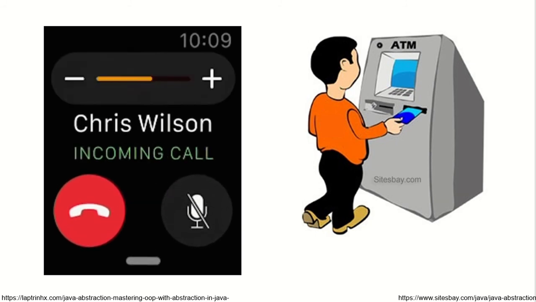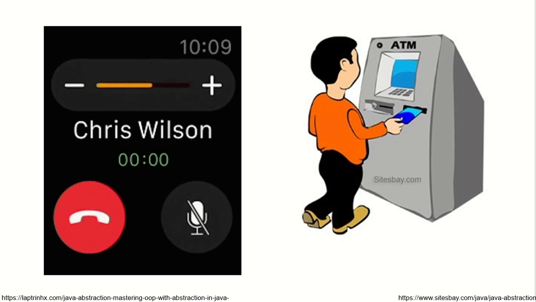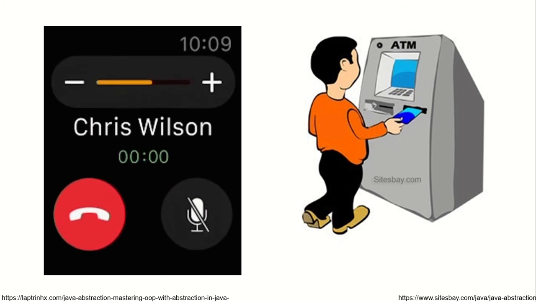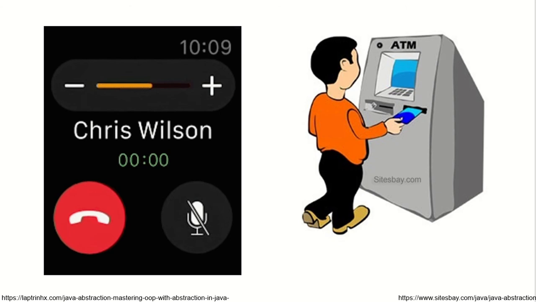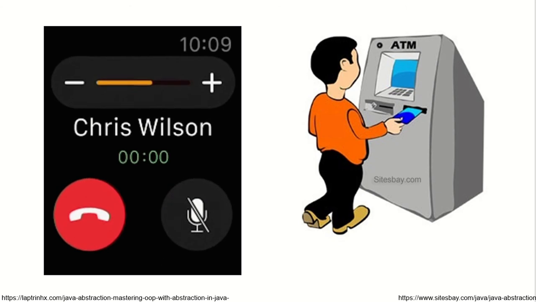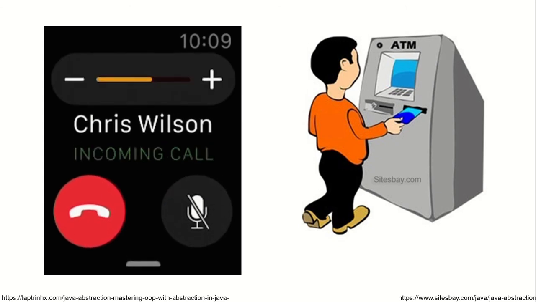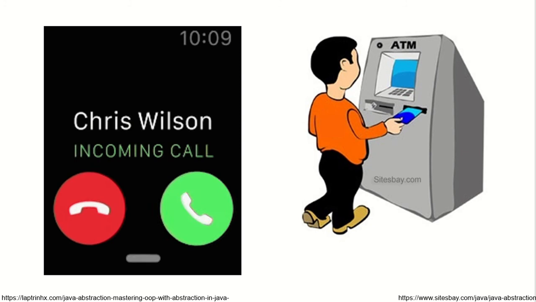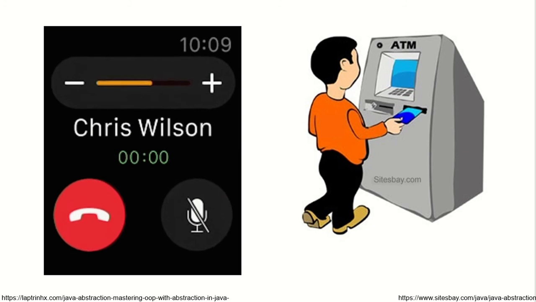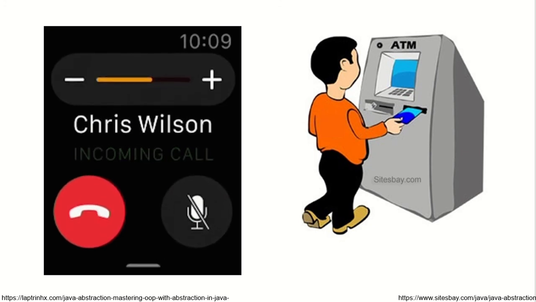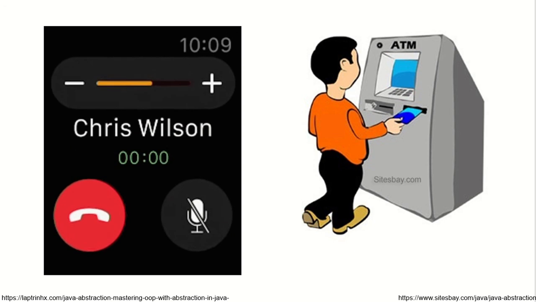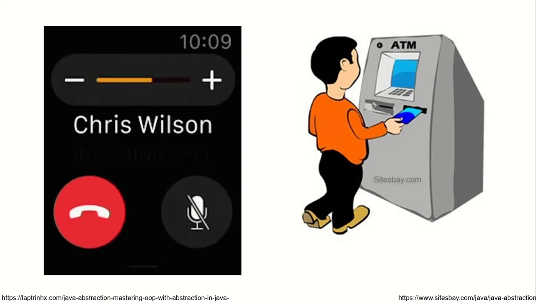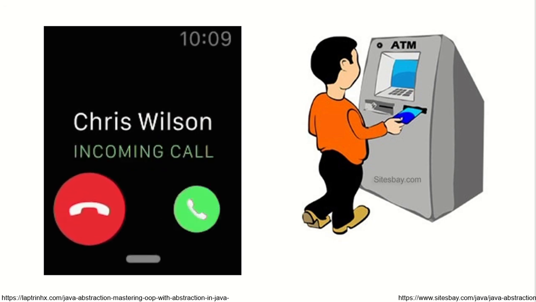Again, how all these different functions are happening, those internal steps are not visible. This is again an example of abstraction. So the user is only seeing an interface, and all the code and the processing is hidden below it. When you are using the ATM, you are not bothered about the internal operations of the ATM.